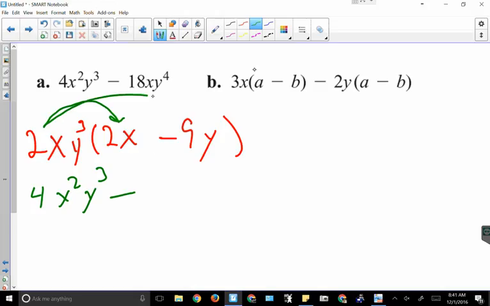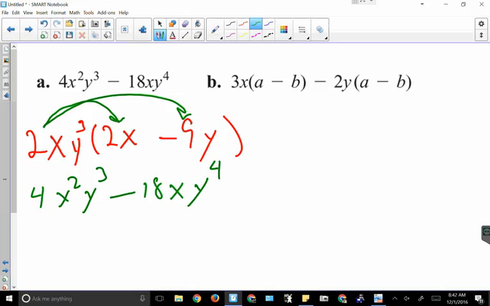Now if I do this over here, 2 times 9, 18, x, no other x, plain old x. Y cubed, y to the 4th, or 1y over here, so I end up with y to the 4th. It takes me right back to where I need to be. Okay. Sort of kind of makes sense? Like I said, the more of these you do, the better off it becomes.